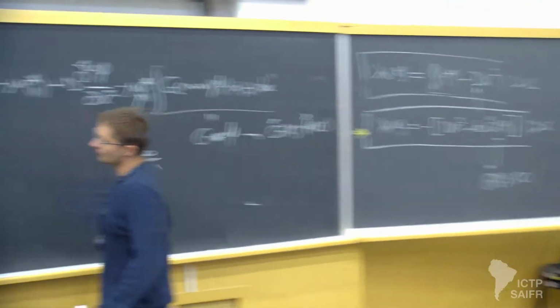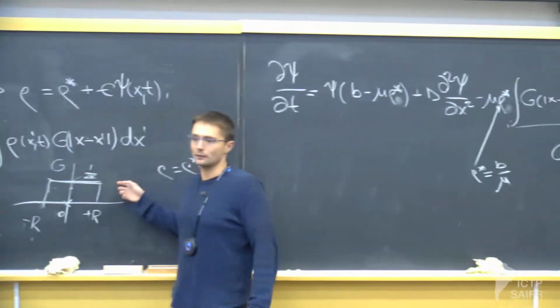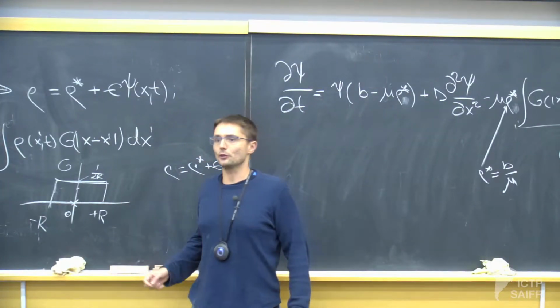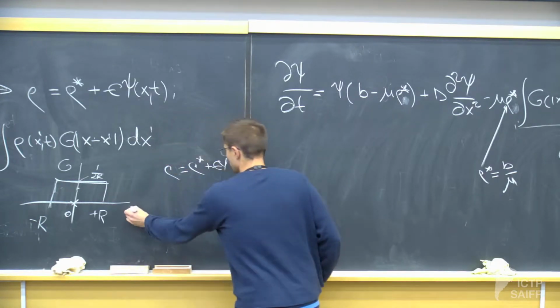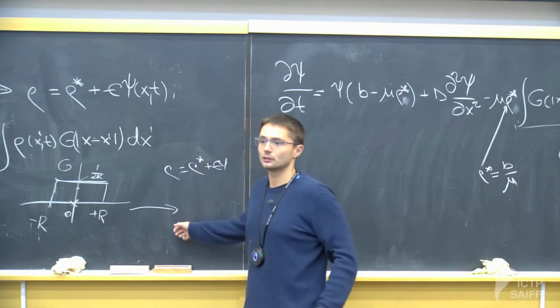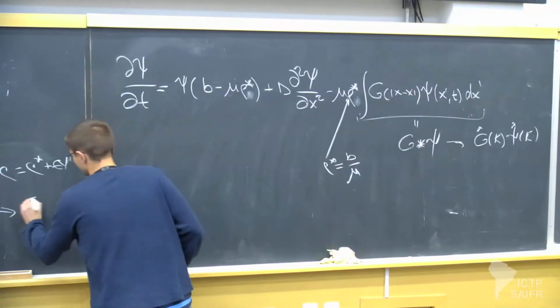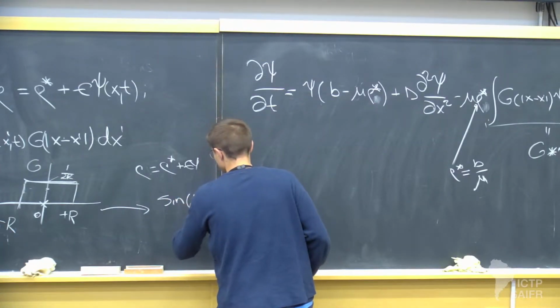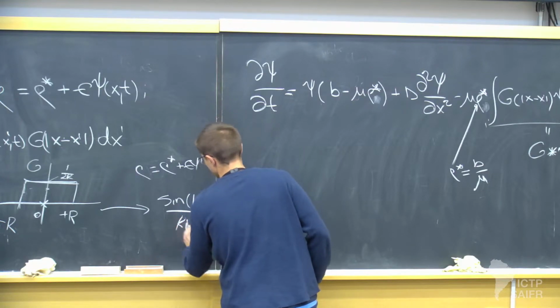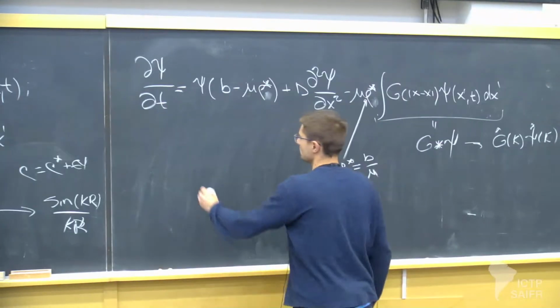So now we can come back here to this choice we made for the kernel function. Do you know what's the Fourier transform of this function? No, well, it's the sine. Okay, right? And this looks something like this.